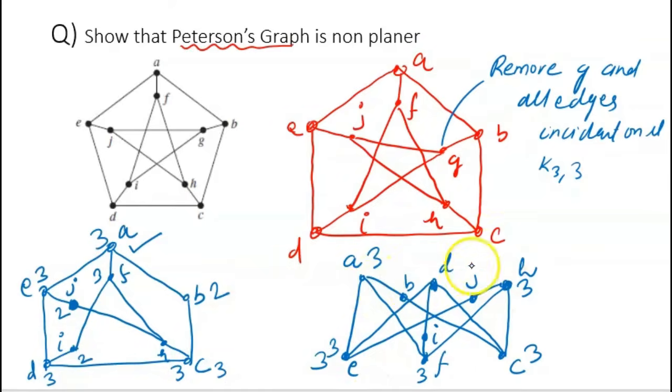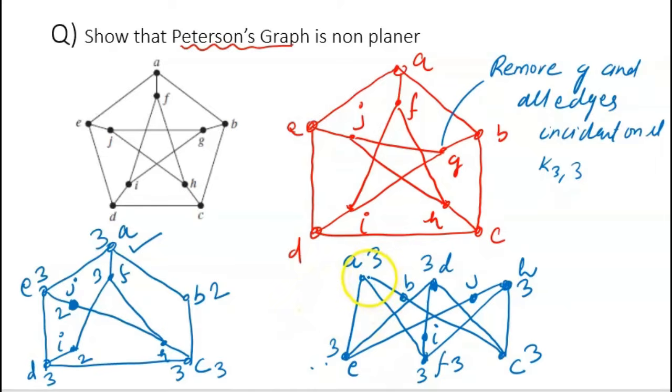Now if you look at this structure, you can clearly see that the degree of A is 3, the degree of D is 3, the degree of H is 3, the degree of C is 3, the degree of F is 3, and the degree of this E is 3. I have written it twice, so let me remove once, right? And this structure looks like K33.